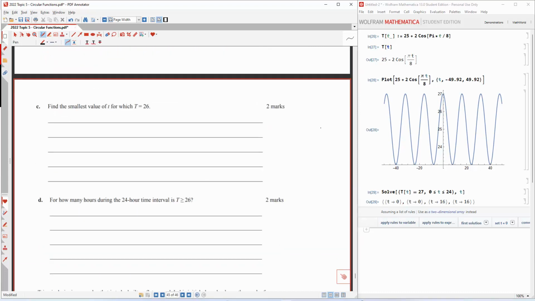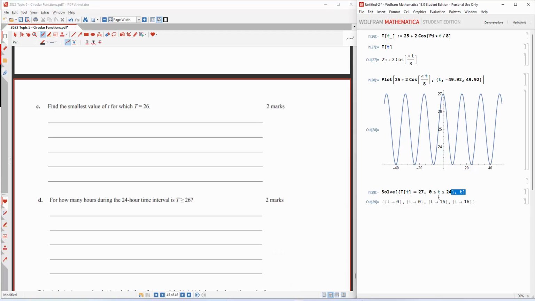Find the smallest value of t for which T is 26. So it's going to be whatever this value is here. So let's just grab this solve here and let it equal 26.